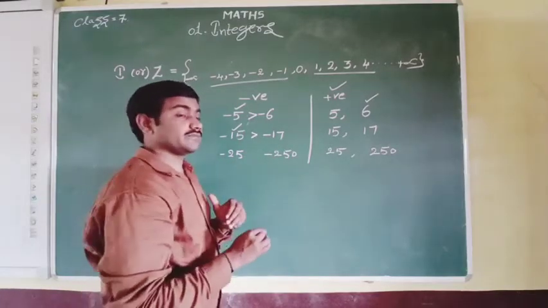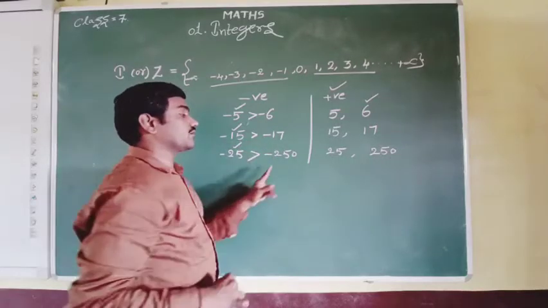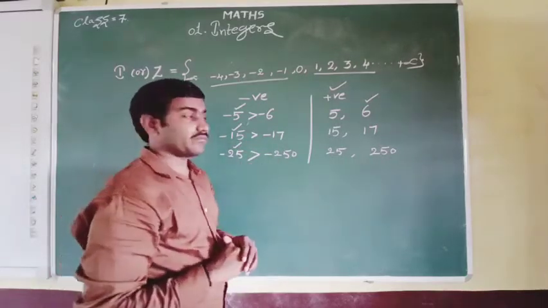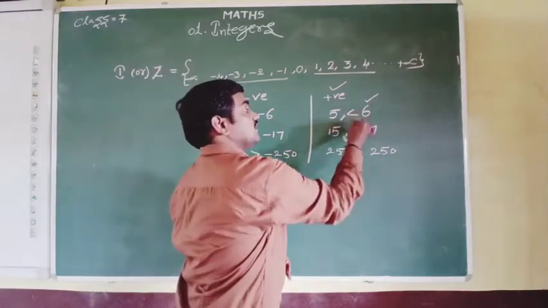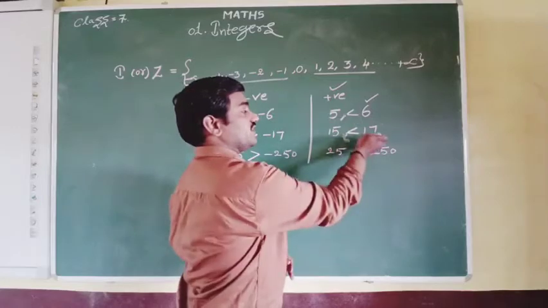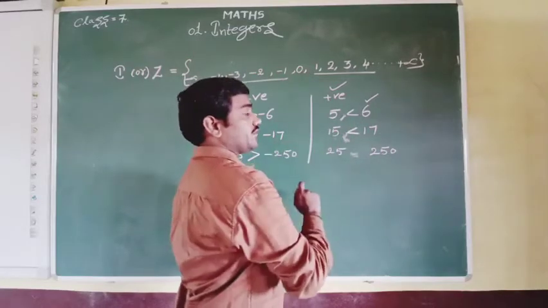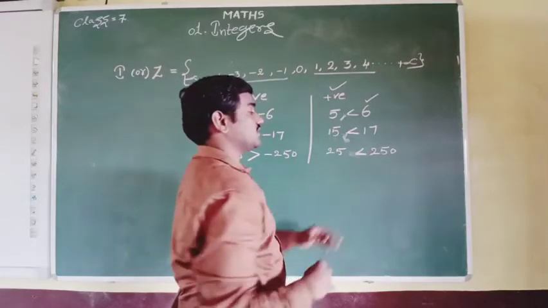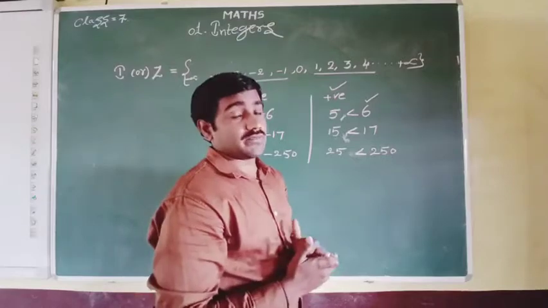Because here minus 25 is greater than minus 250. Here it is different from the positive values. There, 6 is greater than 5, 17 is greater than 15, and 250 is greater than 25. So in this way you can do it.